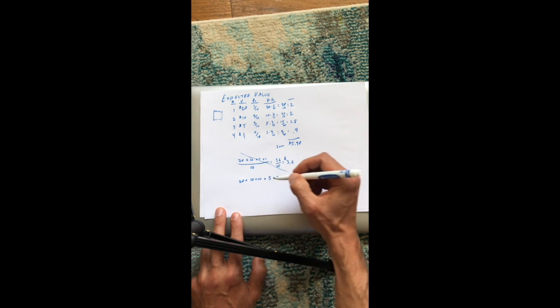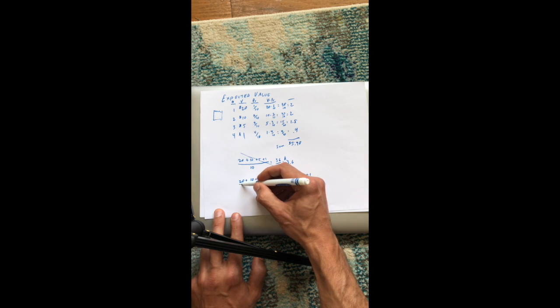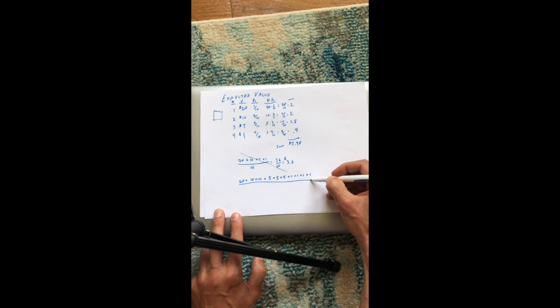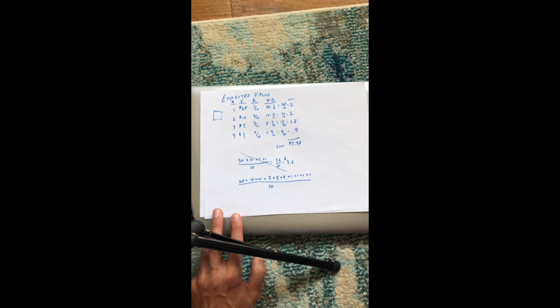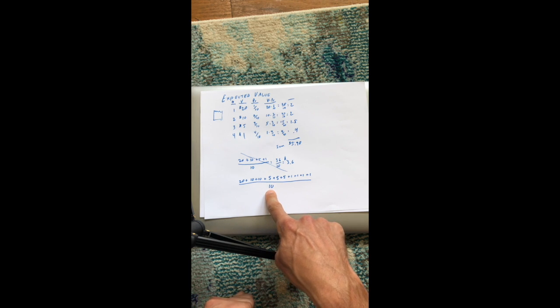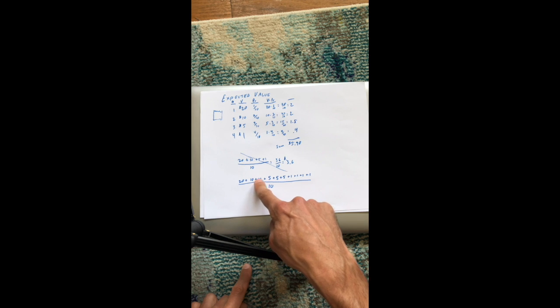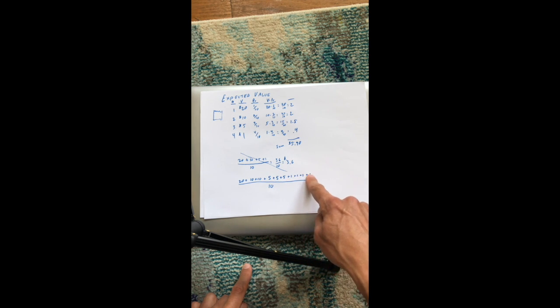And then we account for all 10 outcomes. I hope this is starting to click, because now this 10 means there are 10 things we can pull out of the bag. There's 1, 2, 3, 4, 5, 6, 7, 8, 9, 10.